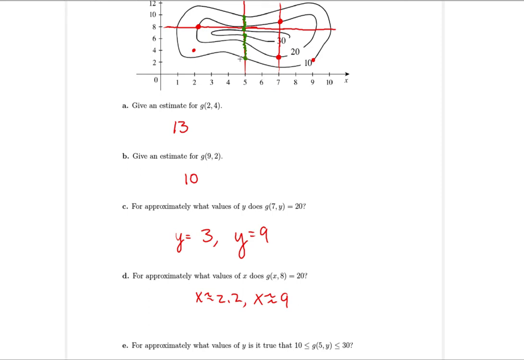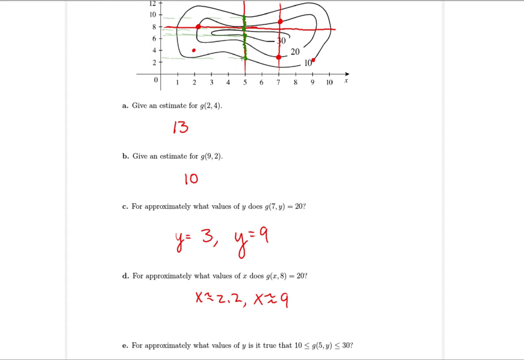My best estimate is I might call this 3 or so, and this one, I don't know, 6.5. This one here I might call 7.5, and this one here maybe 9.5.